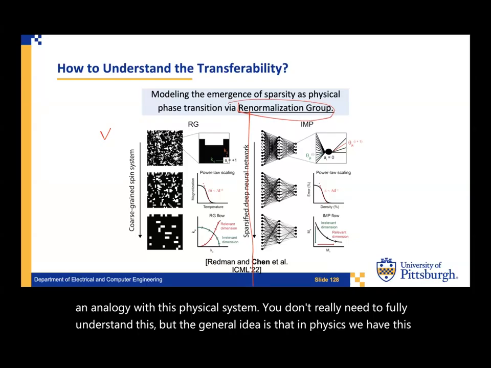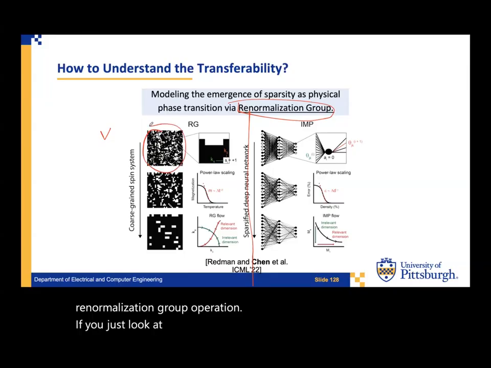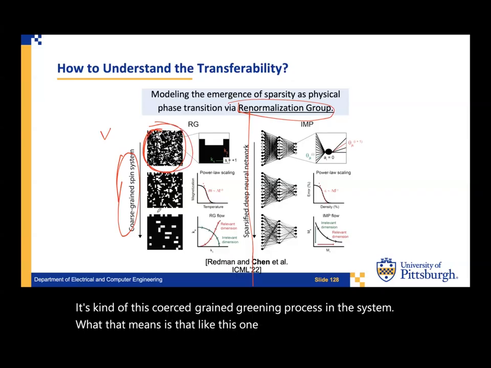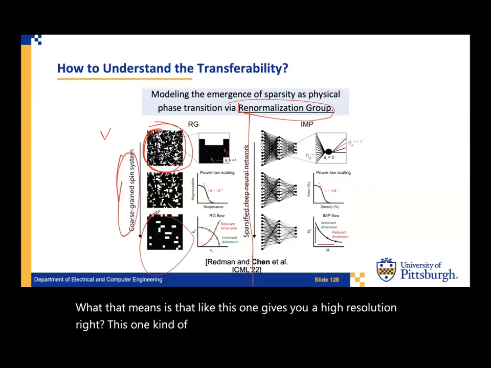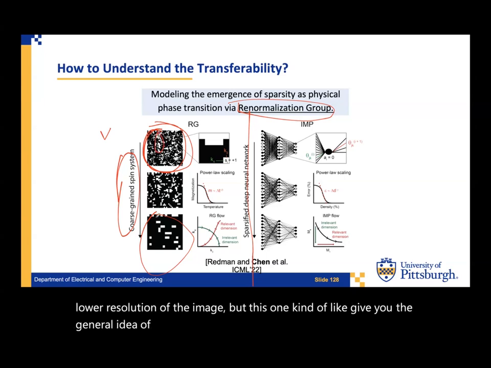If you just look at this barcode, it's a coarse-graining process in a system. What that means is that this one gives you a high resolution, and this one gives you a coarser, lower-resolution version of the image. But this one gives you the general idea of this white pattern here.